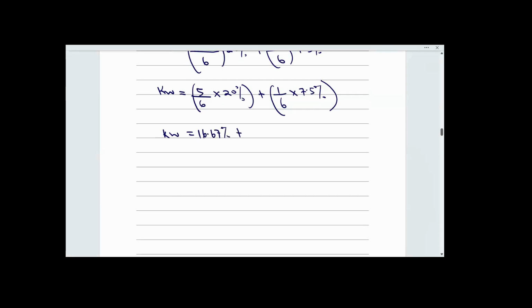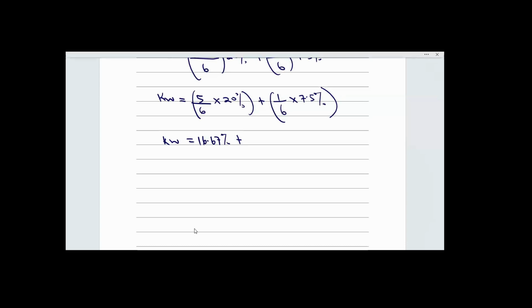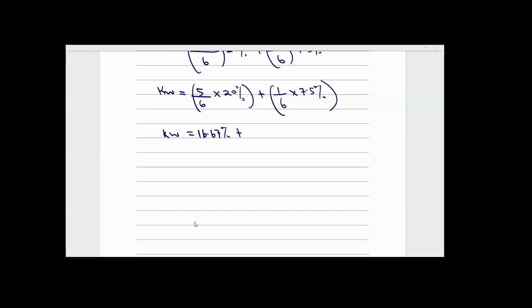Plus the other side: 7.5 divided by 6 is 1.25%.